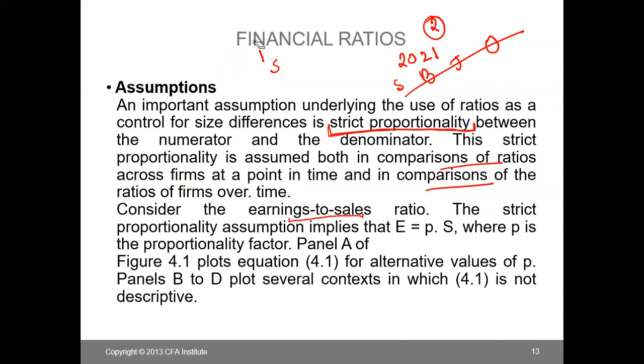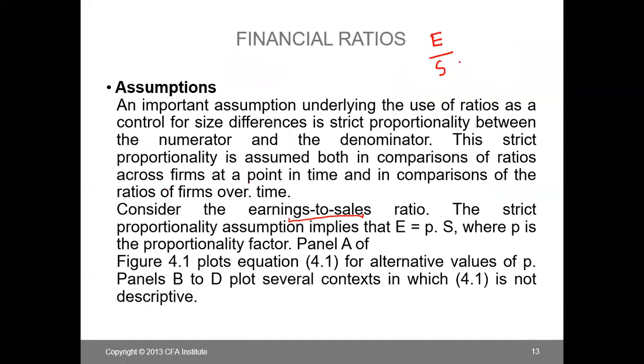Let me explain it more with an example of a ratio: earnings to sales. Think of it as a profit margin, earnings over sales. When we write earnings over sales, we get some number, say 0.2. This 0.2 is a proportionality factor, think of the beta we mentioned earlier.